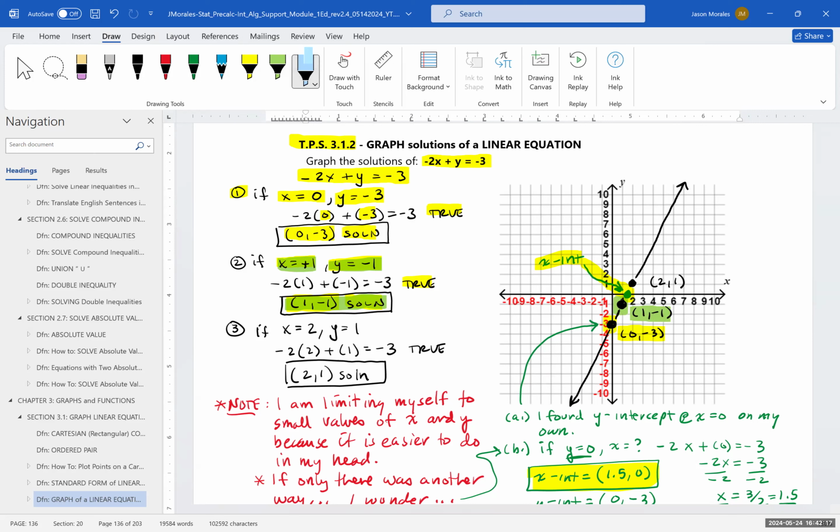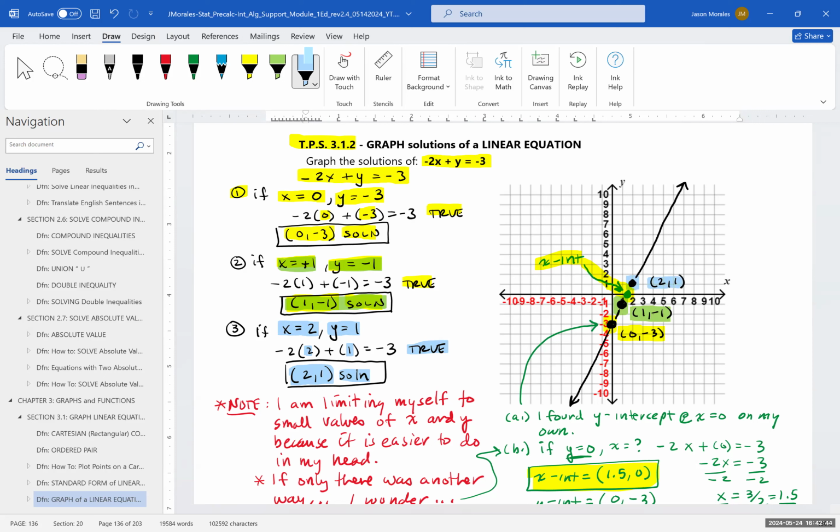Then I thought, if x is equal to 2 and y is equal to 1, that should work, because -2 times 2 plus y equals 1 does give me -3, so that's true. So the point (2, 1) is also a solution, and I can plot it here.